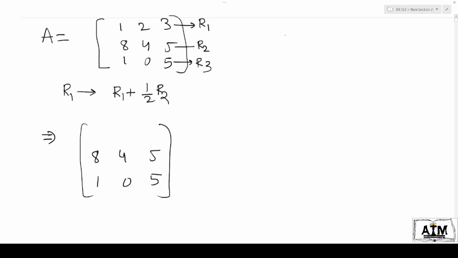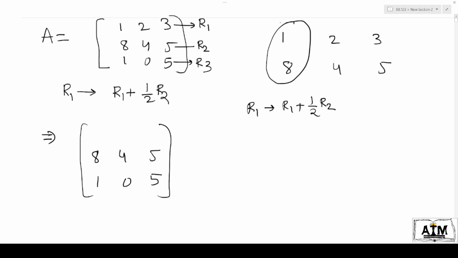So we have R1 as 1, 2, 3, and R2 is 8, 4, 5. What is the equation? R1 tends to R1 plus half multiplied by R2. In the first case, R1 is 1 and R2 is 8.